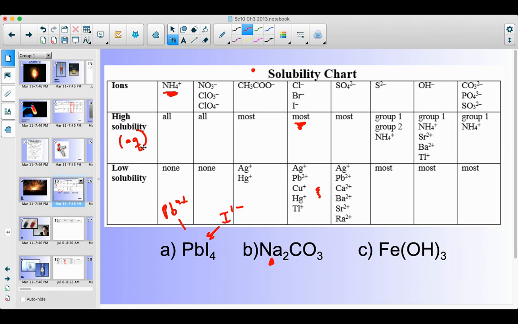Now, if it happened to be found in the low solubility side, so if it was Pb2 positive, it would have been found down here, and this would end up actually being a solid. So I would write my compound PbI4, and because it was highly soluble, this would be aq. Okay, so let's look at another example.